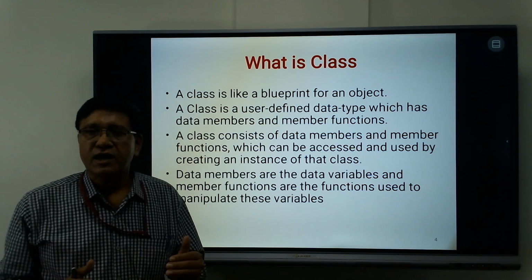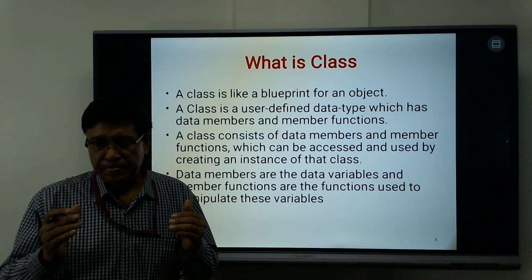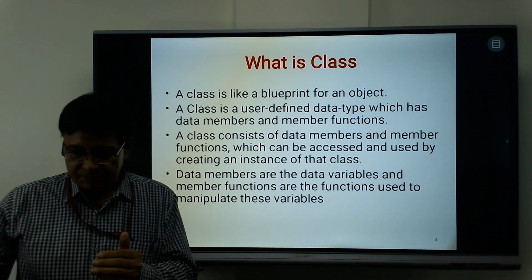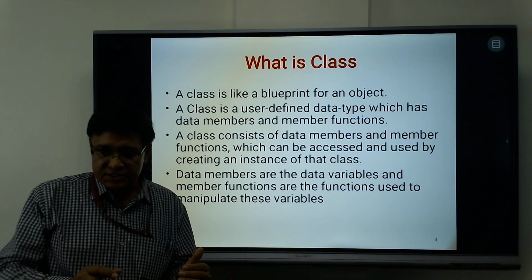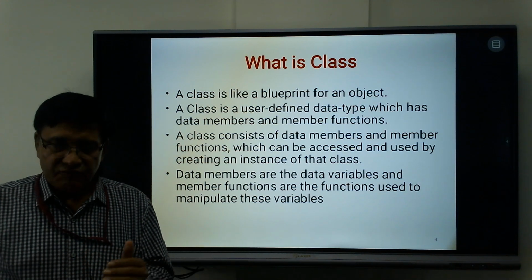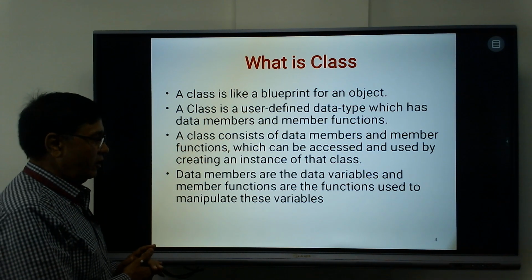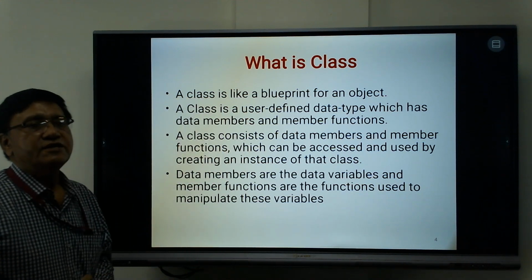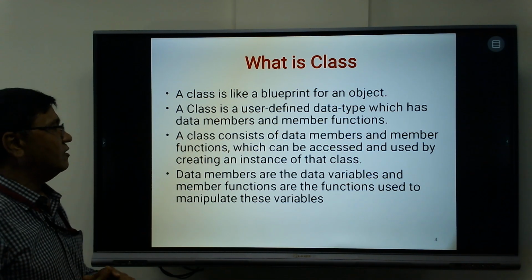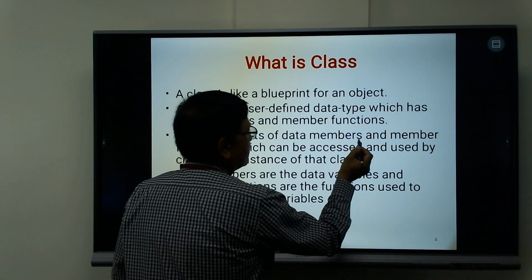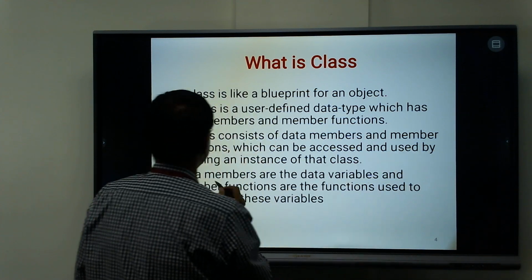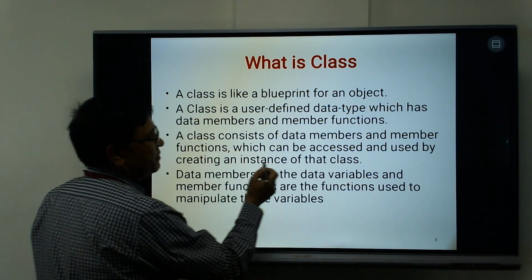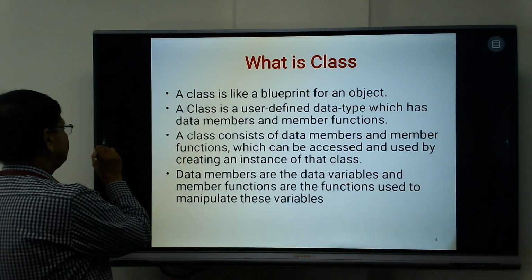Similarly, when we create a class, we can use our class as a user-defined type. It means we can create as many objects as we want from this class. Data members are the data variables. This class consists of data members and member functions.